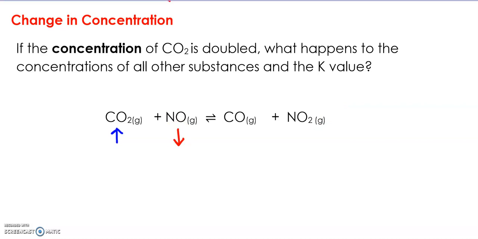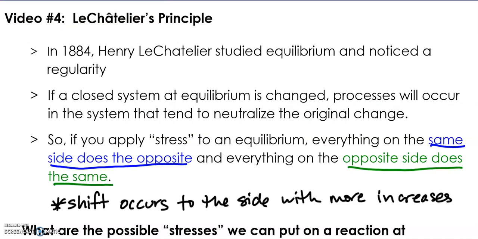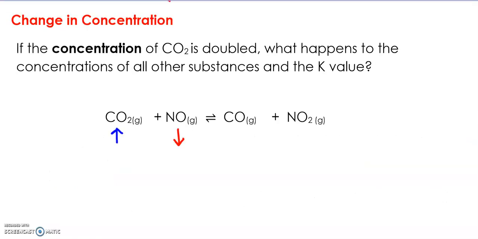Now, if I go back here, everything on the opposite side, in green here, does the same. By that I mean everything on the opposite side of the reaction does the same as my initial one. So these are going to increase, just like my CO2 did. So same side, that's this NO, does the opposite. Opposite side does the same as my initial.